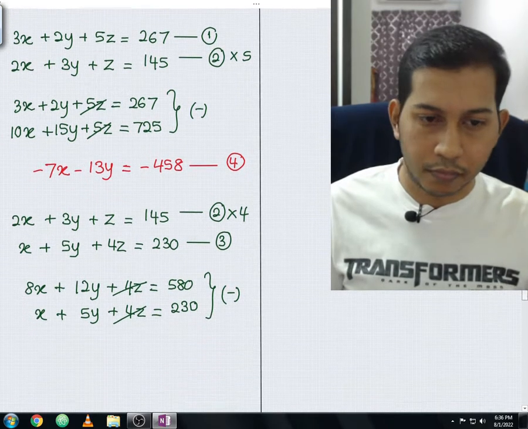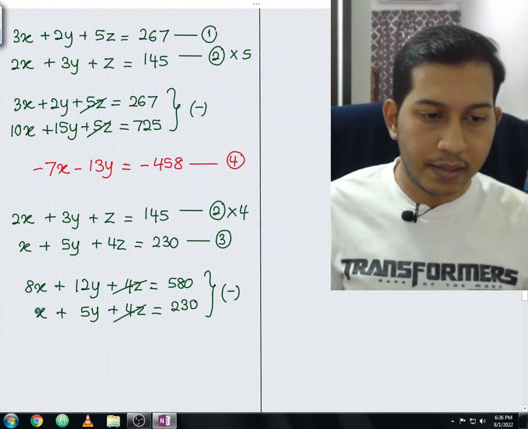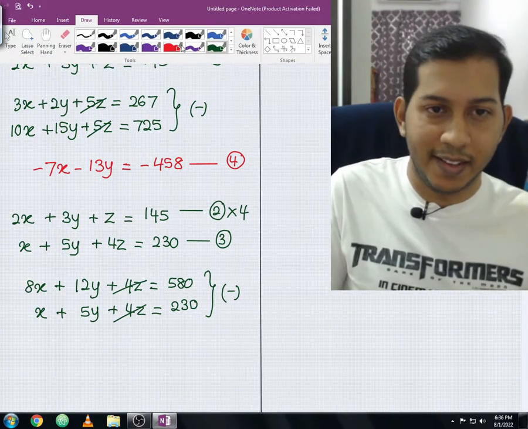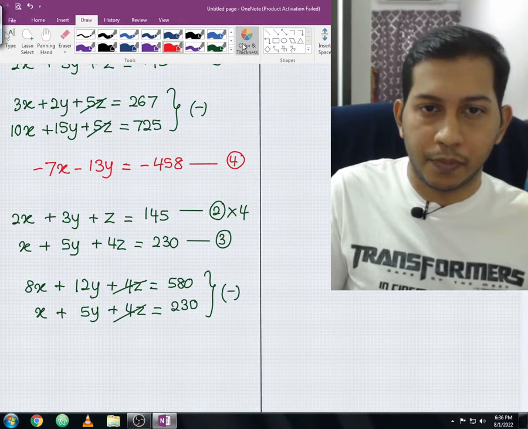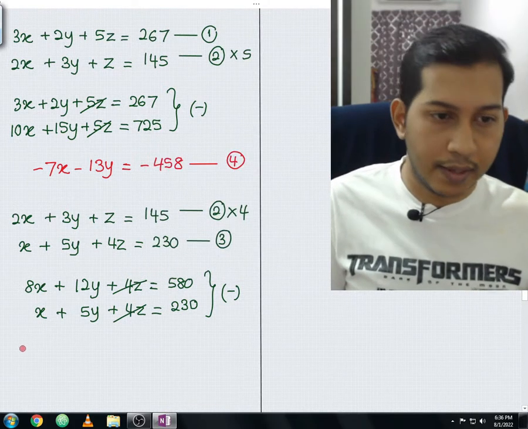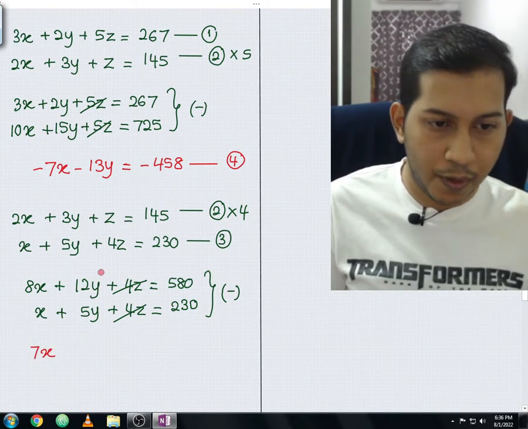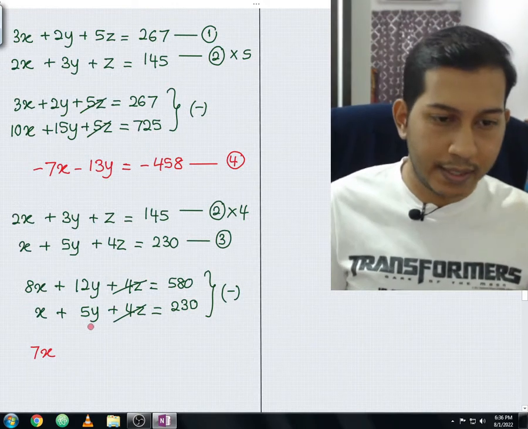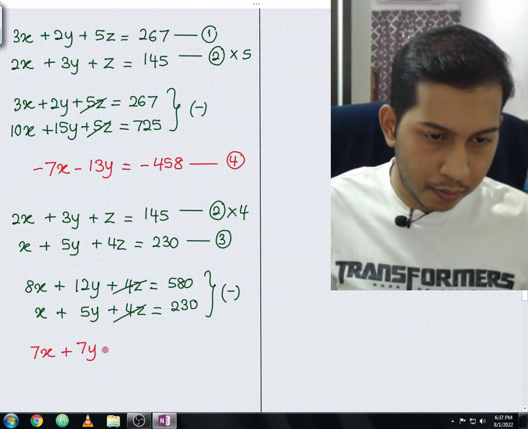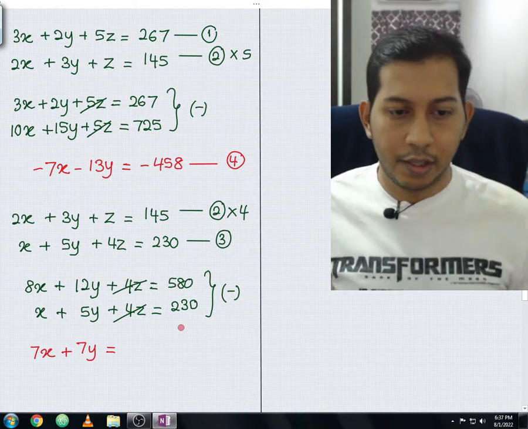Let us start to solve the left hand side of the equation. 8x minus x, you're left with 7x. Before that, let me change the pen ink, and of course the thickness also. 8x minus x, so from here you get 7x. 12y minus 5y, you get positive 7y. 580 minus 230, so from here you get 350.